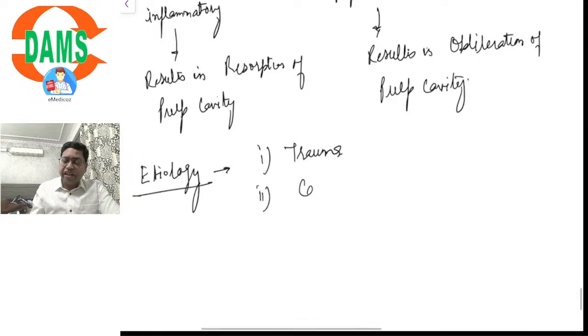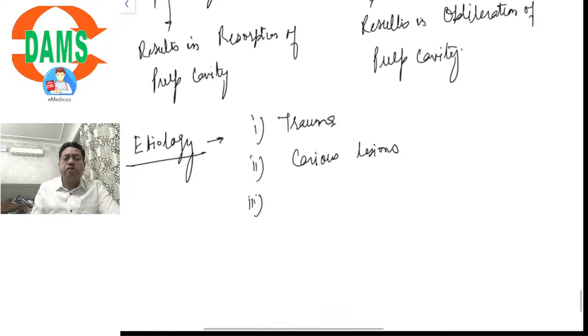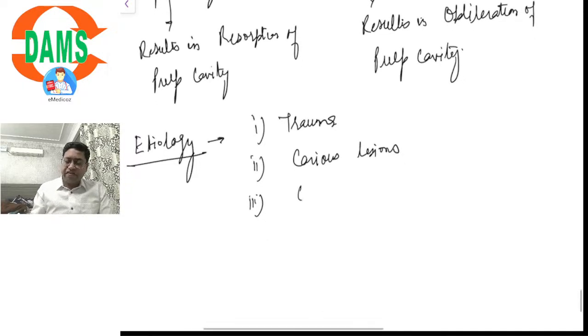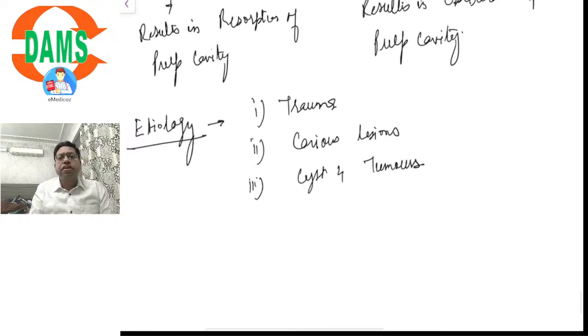Secondly, carious lesions. Thirdly, there can be causes of cyst and tumors. These are the different causes related to the etiology. The most common one is trauma that you have to remember.